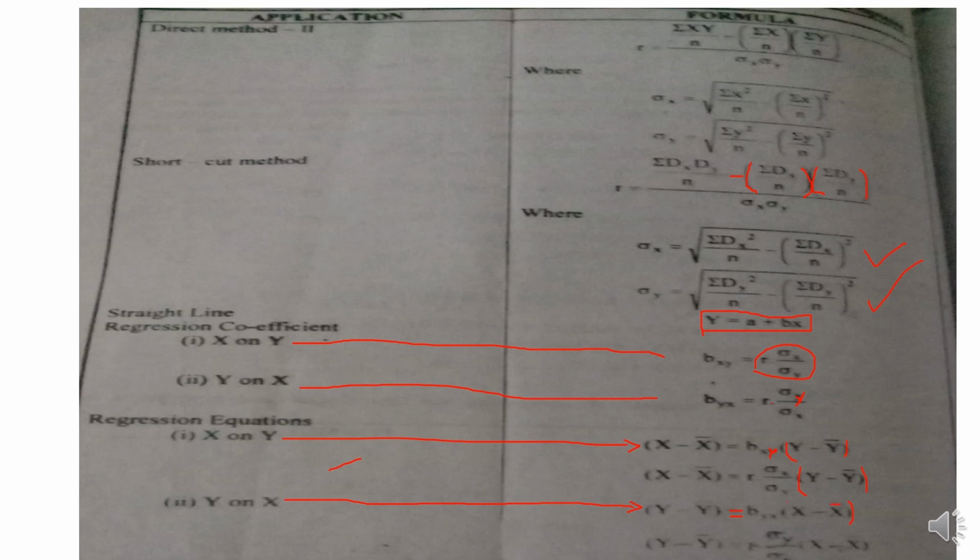And we already know the formula for byx: byx equals r into sigma y divided by sigma x. So we use this formula in this equation into (x minus x bar). So these are the basic formulas that we already discussed in the previous classes of correlation and regression.